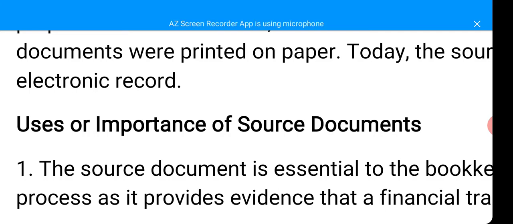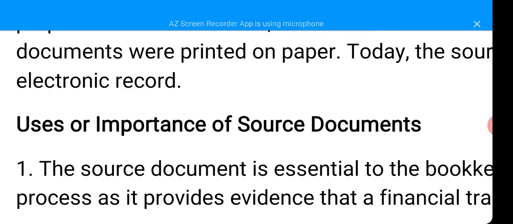For instance, I went to a shop to buy a good, and after making payment, I was given a receipt. The receipt shows that a transaction has taken place, isn't it? So that receipt, for example, is a source document.